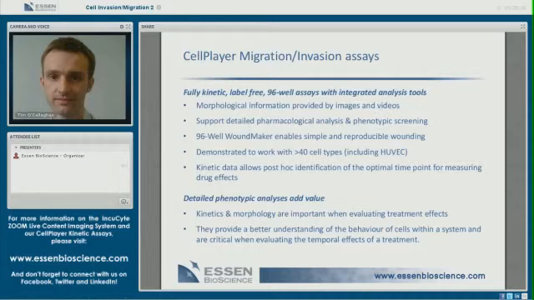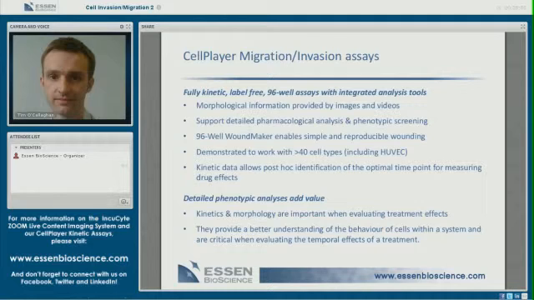The 96-well wound maker enables simple and reproducible wounding and has been shown to work with many different cell types, including challenging low contrast cell types such as HUVEC. The kinetic data allows retrospective identification of the optimal time point for measuring drug effects, and also enables full time course analyses such as area under the curve analyses for pharmacological profiling.